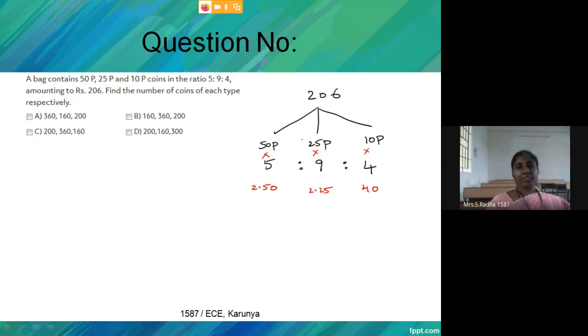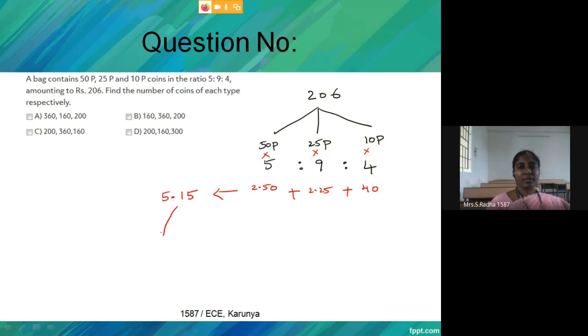Is it correct? 25 paisa into 9 is 2.25. This is 2 rupees 50 paisa, and this is 40 paisa. If you add all this, what is the answer? 5 rupees 15 paisa.